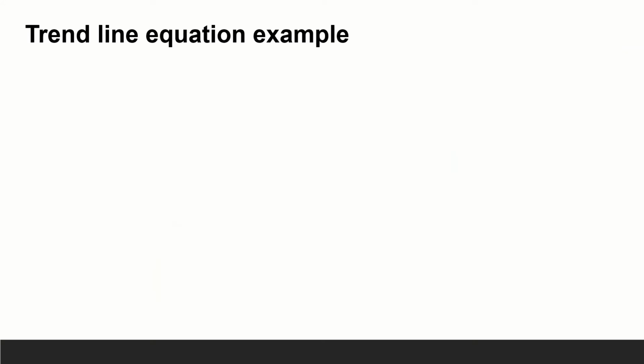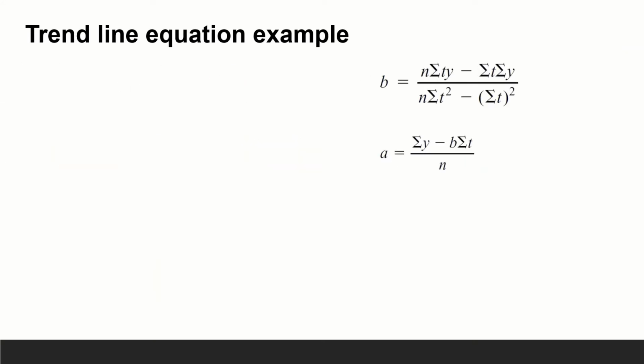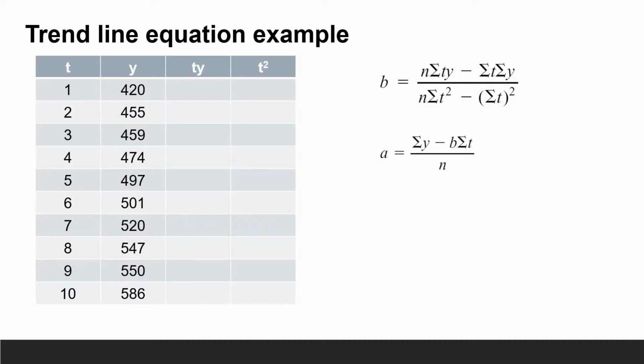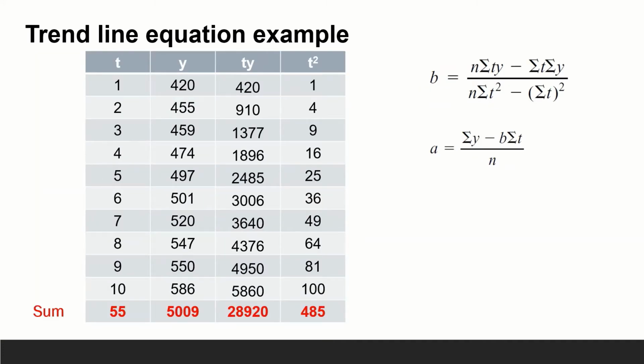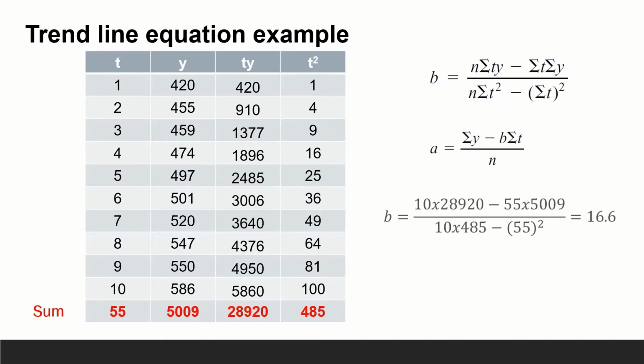To calculate the coefficients of the line using these equations, we have to calculate both t multiplied by y and t to the power 2. Here is the table after calculating t, y and t to the power 2. The next step is to calculate the summation of the values of t, y, and t to the power 2.